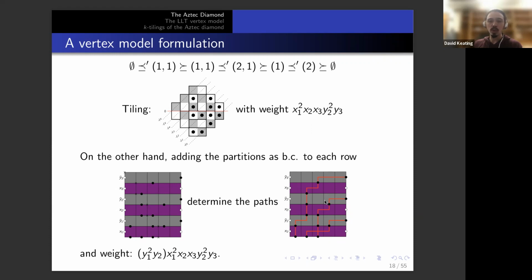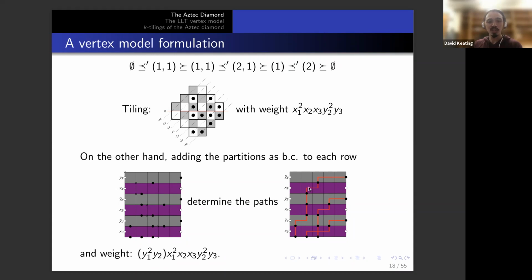And then if you work out the weight, we'll have the same weight as the tiling times a term that's just depending on the number of paths. So this is the terms from the gray rows that solely depend on the number of paths. So these are just some fixed factor that doesn't depend on the configuration, only on the rank. So ignoring this factor, this is like a weight preserving bijection between tilings and the vertex model.